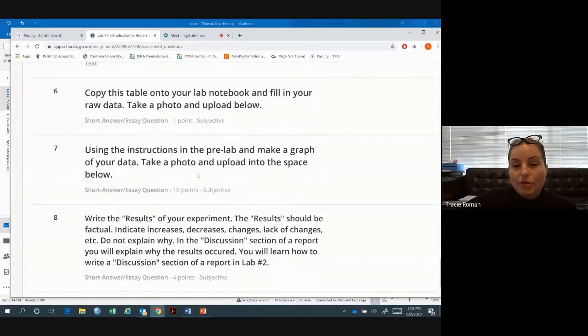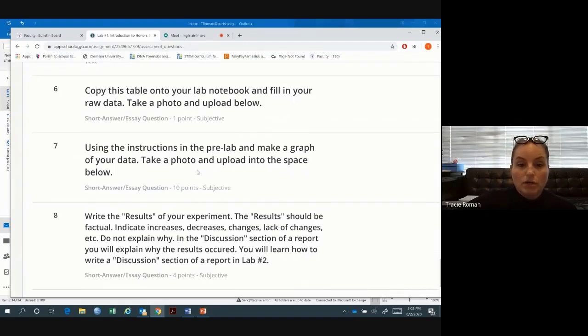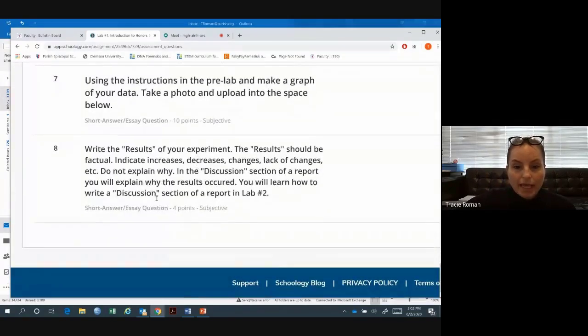And then you're going to graph the data. You can look back at the introduction to make sure you have everything on your graph. And the place where you will write your answers, it allows you to upload a picture.